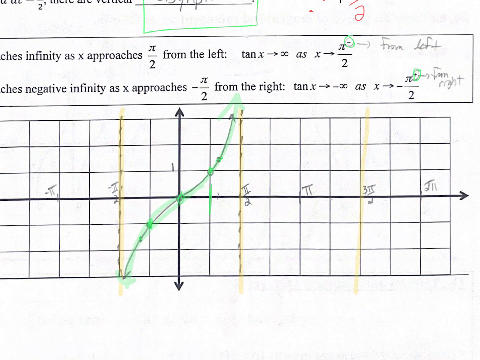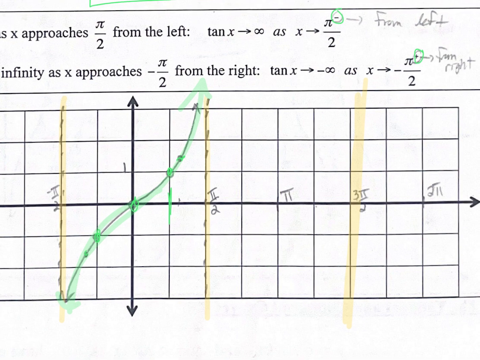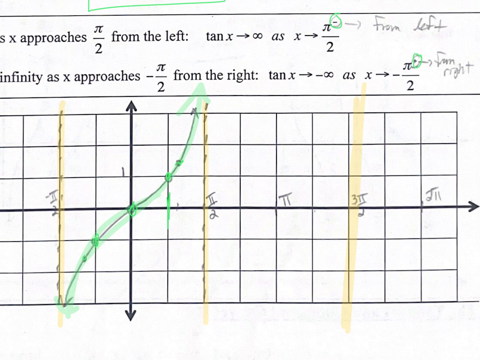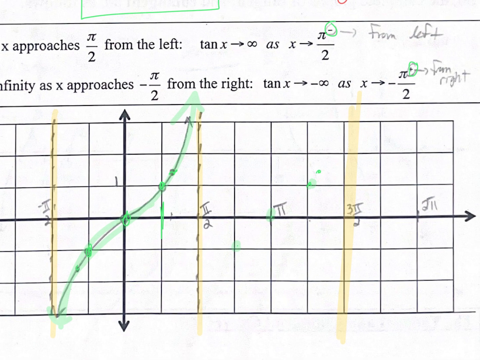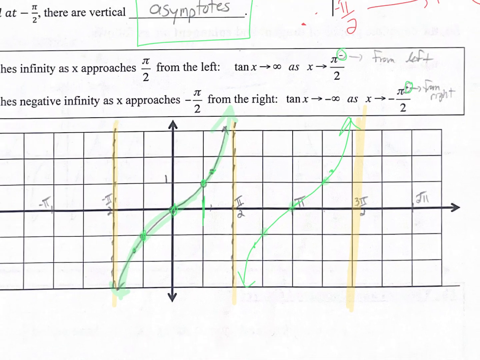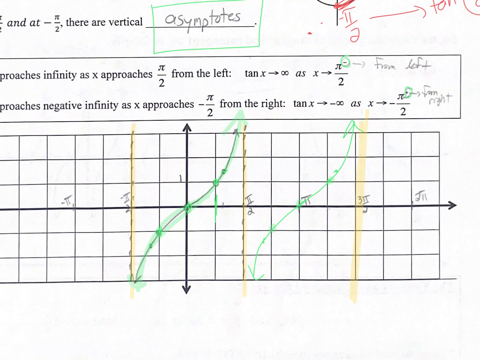We just go 4 boxes over and draw another asymptote, and then we move these points 4 boxes to the right. So here, here, and here. Those green points are 4 boxes to the right. Then we have our decimals too, right about here and here. We can continuously draw this over and over again. It's just like sine and cosine. It repeats over and over again.